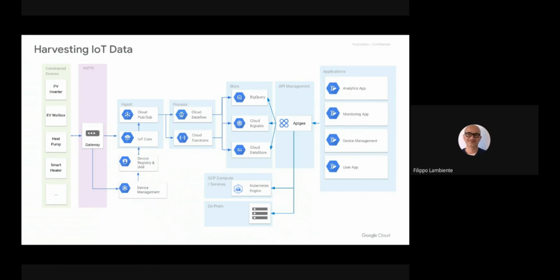Apigee provides real-time information that can be consumed by external third-party applications via the API.